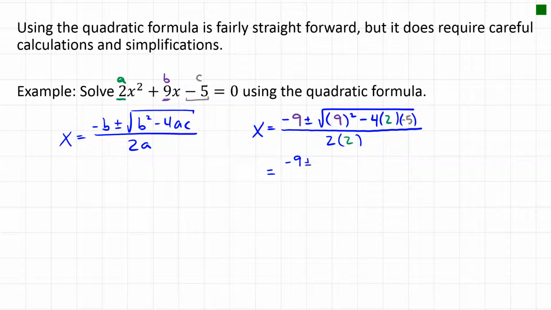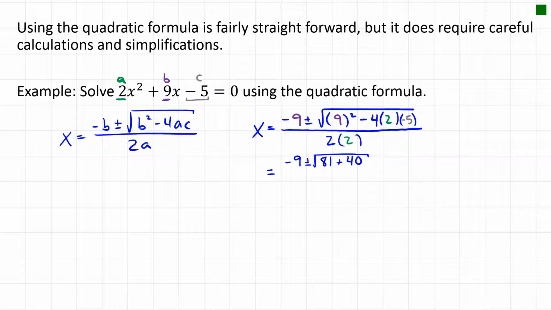So we have negative 9 plus or minus the square root of 9 squared, which is 81, minus, now I have negative 4 times 2 times negative 5. So negative 4 times 2 is negative 8, times negative 5 is positive 40. So I have negative 9 plus or minus the square root of 81 plus 40.